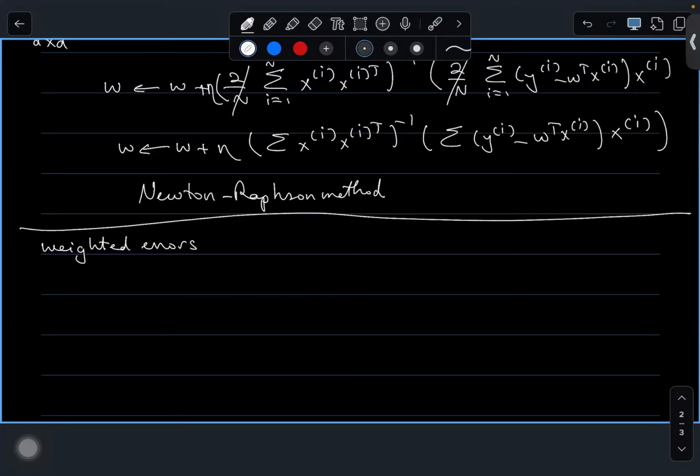The idea here is that we have some cost function J of W, and we're not going to have all errors be the same. Here's what I mean. I'm going to have some parameter p that's going to weigh my error differently depending on the data point that I get.